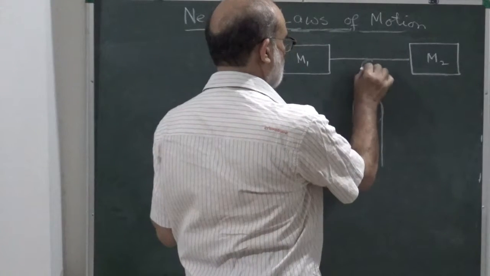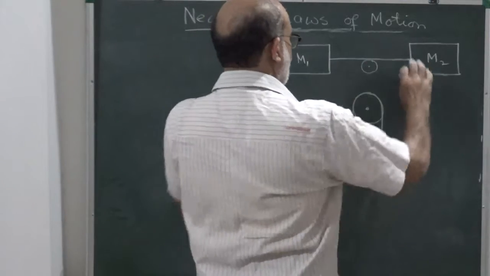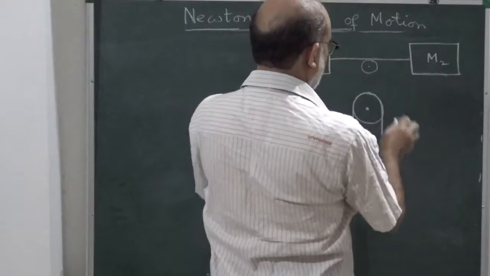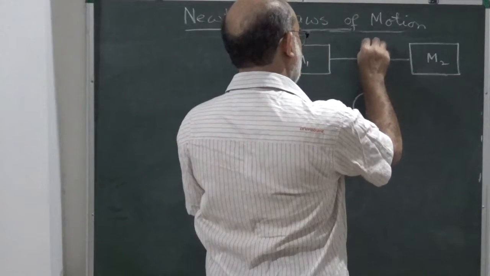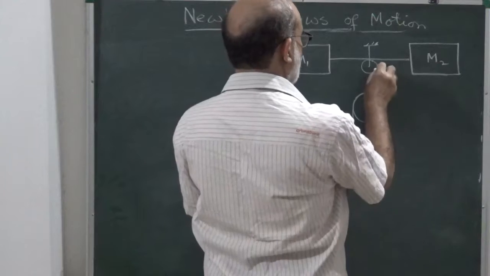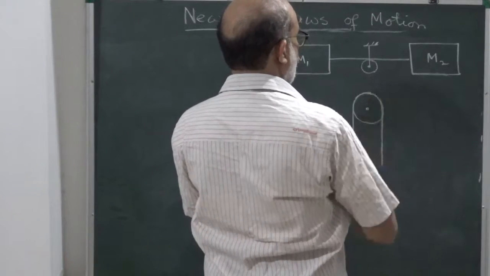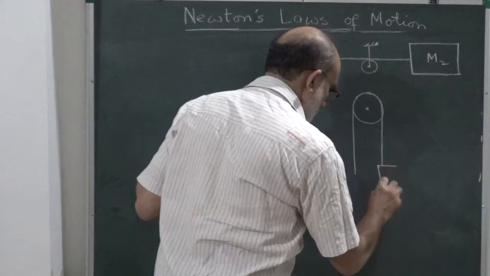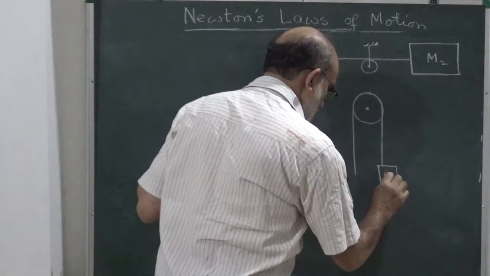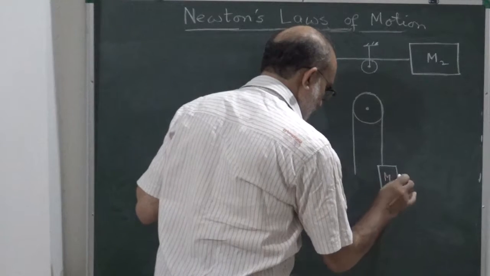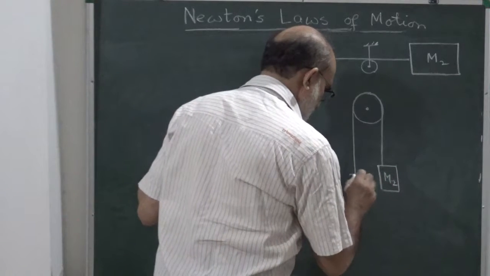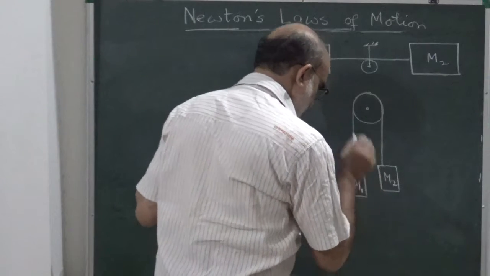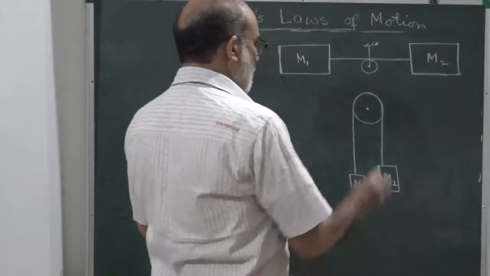Suppose we have just a pulley here, and this whole thing then hangs down due to gravity. And this pulley is supposed to be smooth, and the ropes are massless. So the picture becomes like this: M2 and here M1.